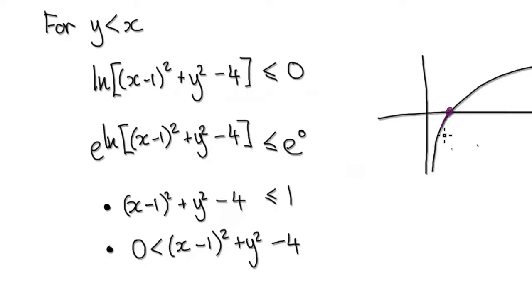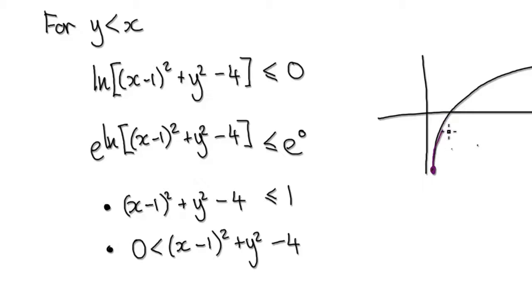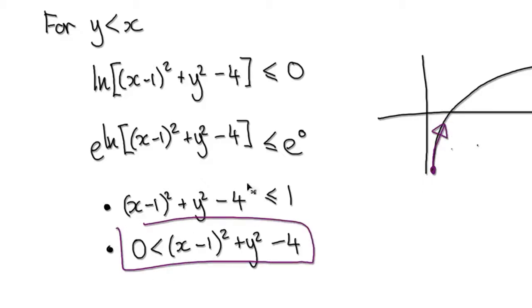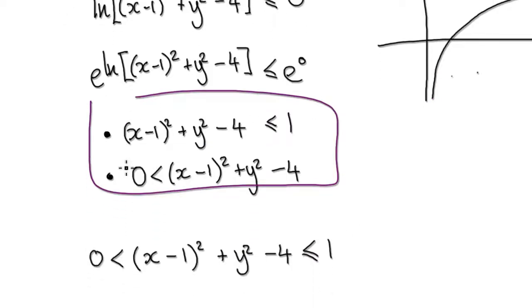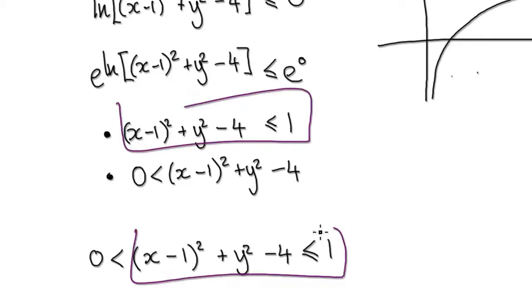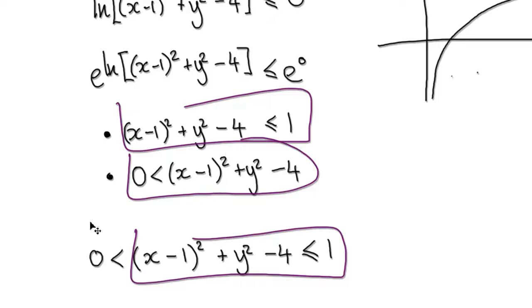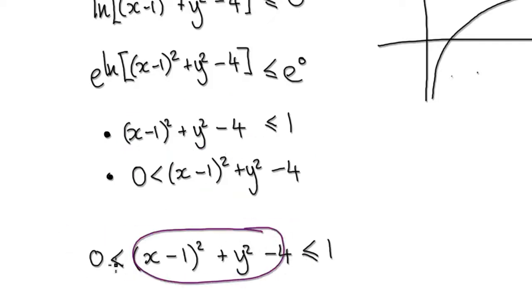So we are interested in this region here. So this arrow here basically represents this, and then this arrow here represents this. So now combining these two together will then give us this. So this thing here must be trapped in between 0 and 1.